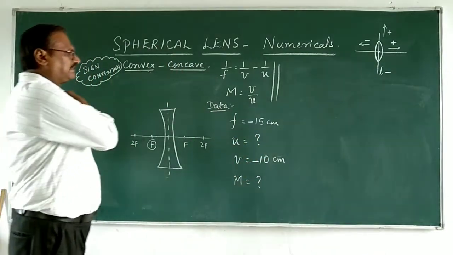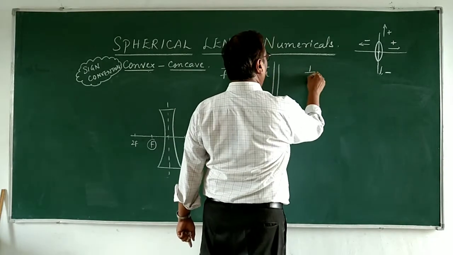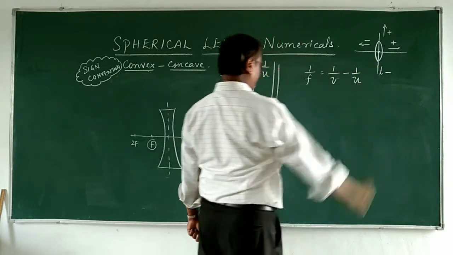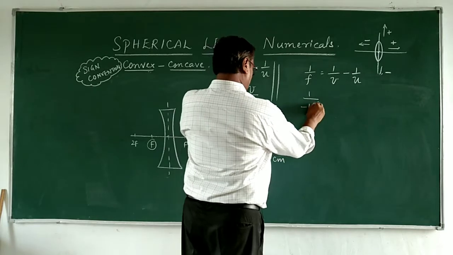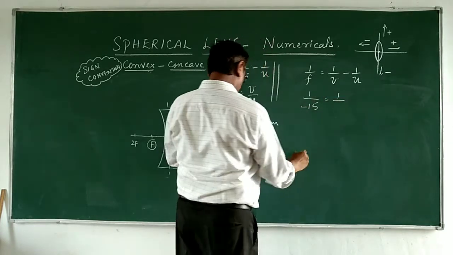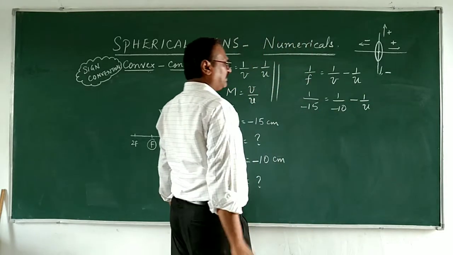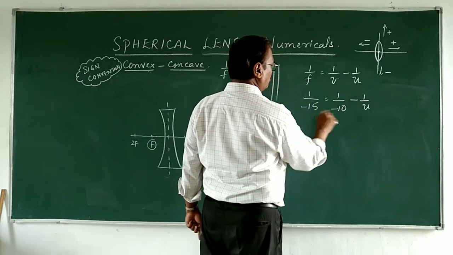Let me just do this numerical. Formula: 1 upon F is equal to 1 upon V minus 1 upon U. So 1 upon F, minus 15, is equal to 1 upon minus 10 minus 1 upon U. Let us go slow on that.